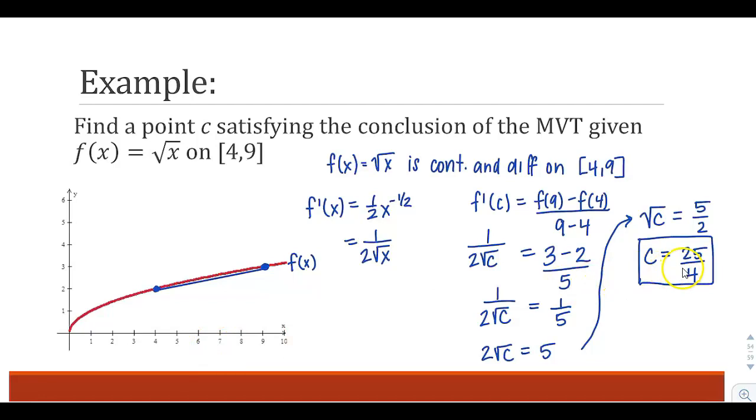So 25 over 4, that's 6.25. So let's go to 6.25 here and go up to the function and draw ourselves a tangent line. I'm going to do my best to make sure it's the same slope. I'm missing a little bit, but it is the exact same slope. So there is some place where the slope of the tangent line is equal to the slope of the secant line.